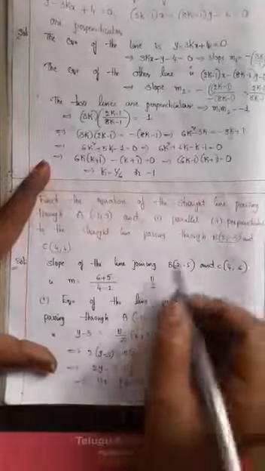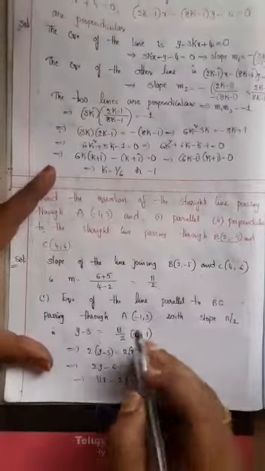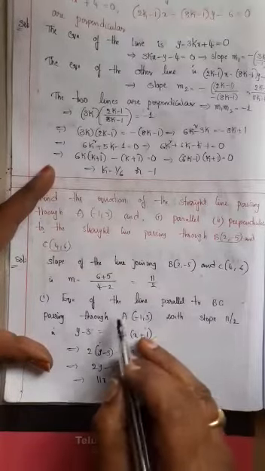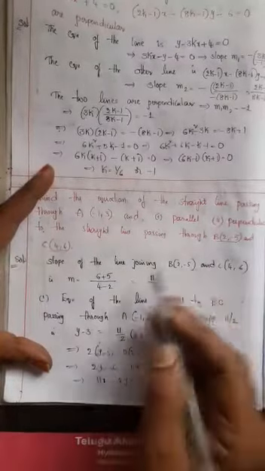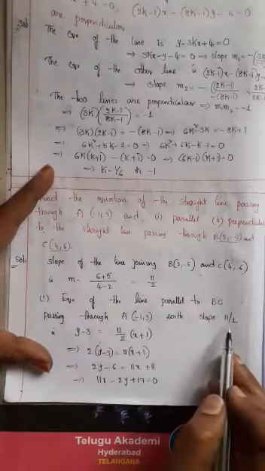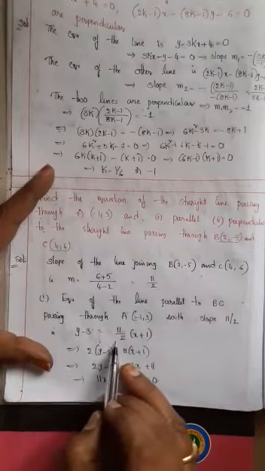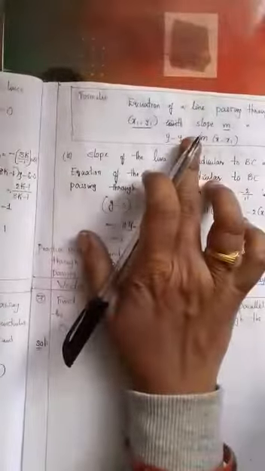The slope of this line is 11 by 2 and we have to find the equation of the line parallel to BC and passing through this point, that is y minus 3 is equal to 11 by 2 into x plus 1. We are substituting in this formula.